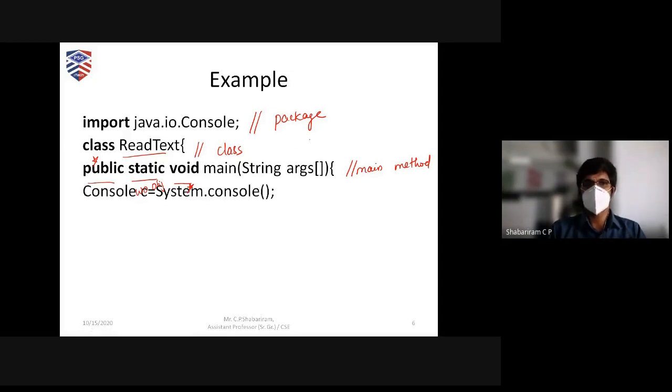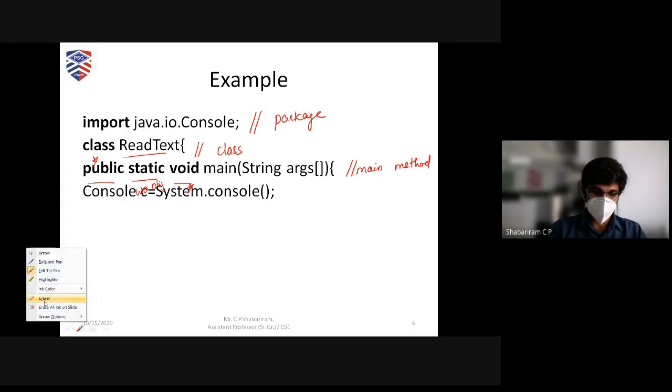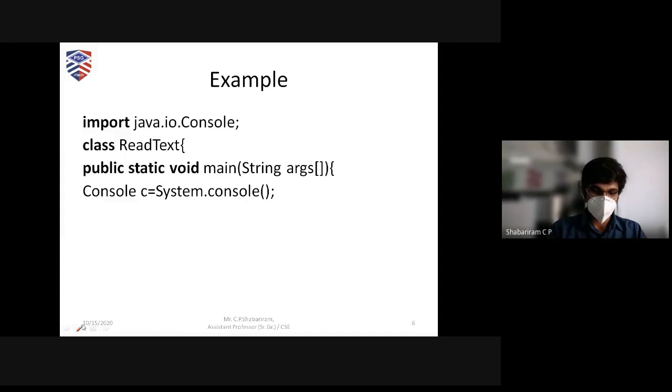So now coming to our topic, right? The main objective is that I am going to use the Console class. Here I am creating the object called c, which is assigned System.console(), which means that I am assigning the system console to my Console class object.